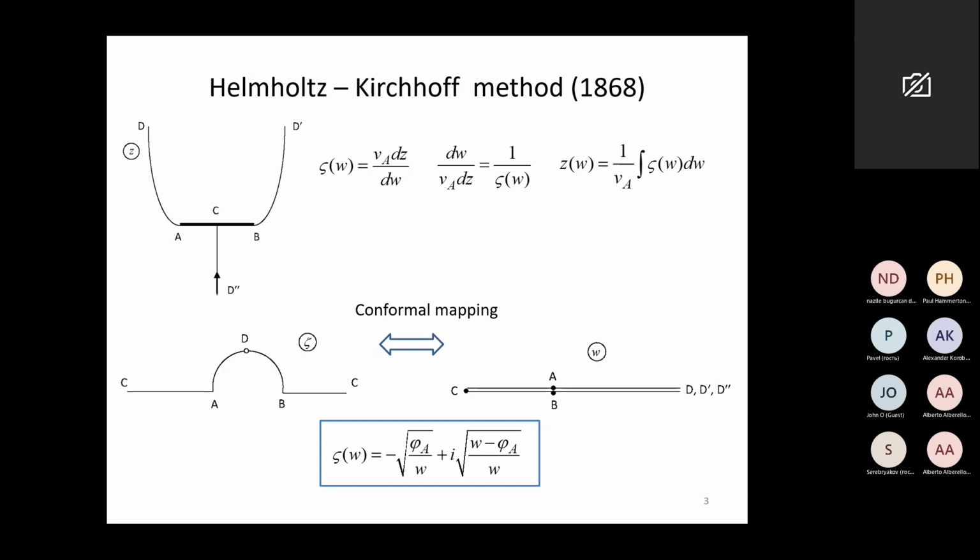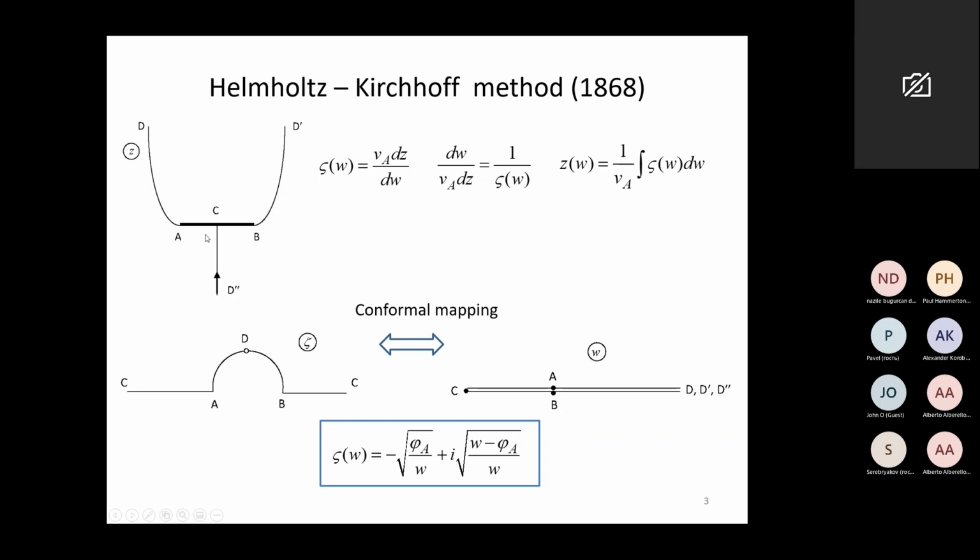The mapping technique requires studying basic complex functions, and then heuristically finding such a function which can transform the plane of complex potential to the plane of the function zeta. Function zeta is the inverse of the complex velocity function.